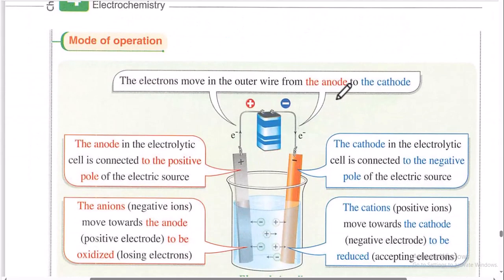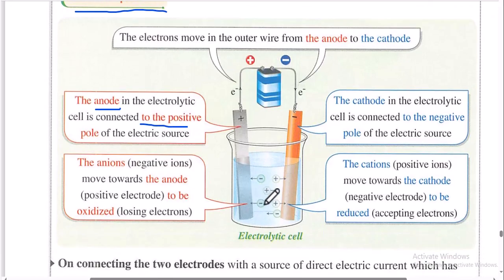So what is the composition in detail? The composition of the electrolytic cell: the positive electrode is connected to the positive pole of the battery, it is the anode here. Anions go to the positive electrode to be oxidized, leaving excess electrons.